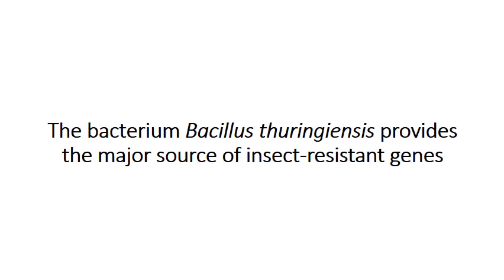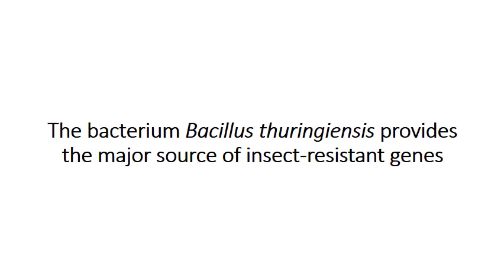In susceptible species, ingested crystals dissolve in the alkaline condition of the gut and the toxins are activated by gut protease. The active toxin binds to receptors on midgut epithelial cells, becomes inserted into the plasma membrane and forms pores that lead to cell death.